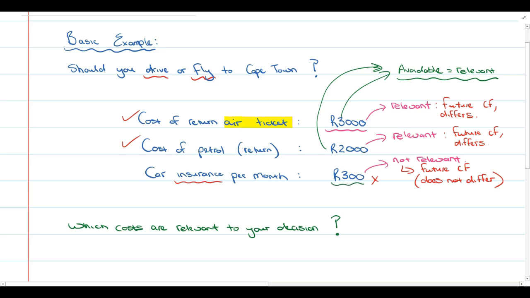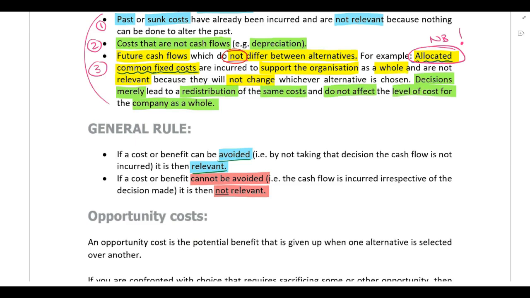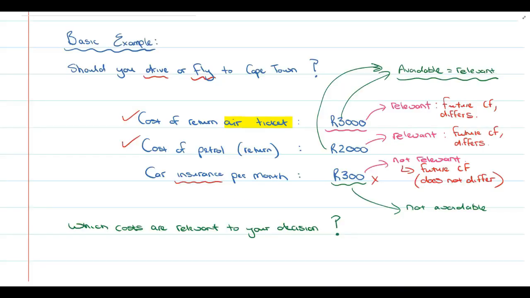However, the insurance of 300 Rand a month is not avoidable. Regardless of what I do, whether I drive or I fly, I still have to pay the 300 Rand a month for the insurance. So because it is not avoidable, again, look at your lecture notes. If we cannot avoid it, it is not relevant. So therefore, this is not relevant.